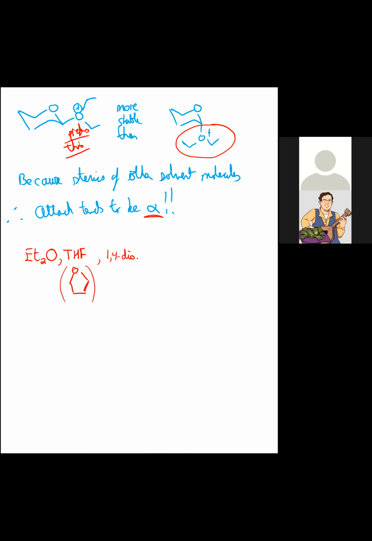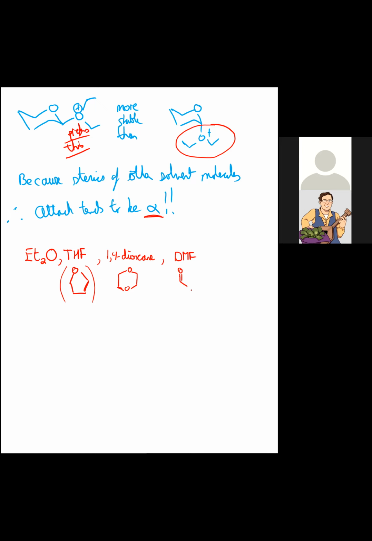The nice thing about dioxane is everything is soluble in dioxane. It's like if you have two ethers and you've cyclized them, but it's not really any different. DMF also tends to do this. Slightly different mechanism.